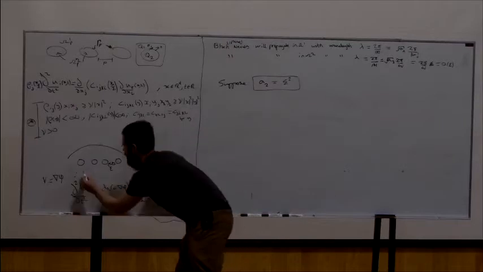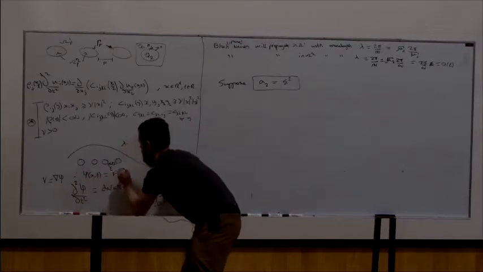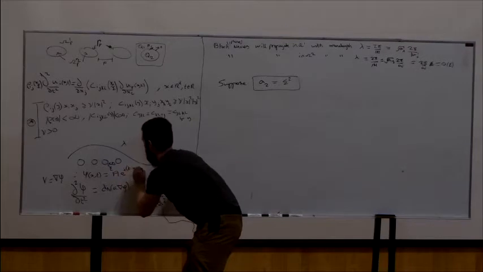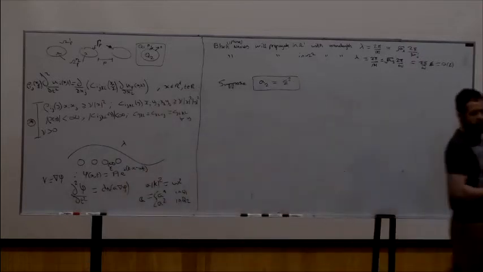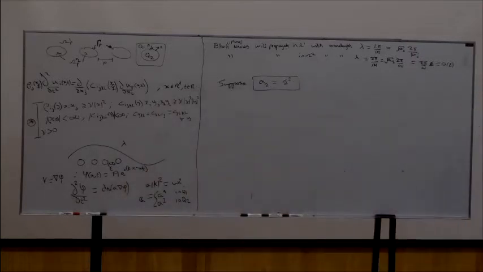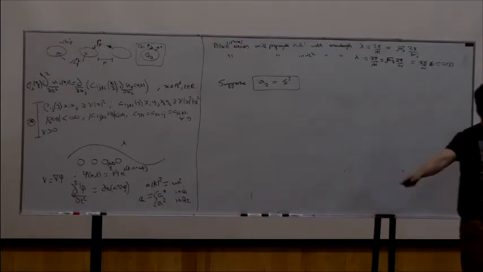But in fact, we were studying plane waves of the form kx minus omega t, where k is the wave number, omega is the frequency, and the absolute value of k is the magnitude of the wave vector, which I call the wave number.